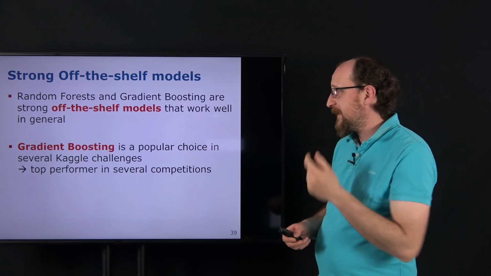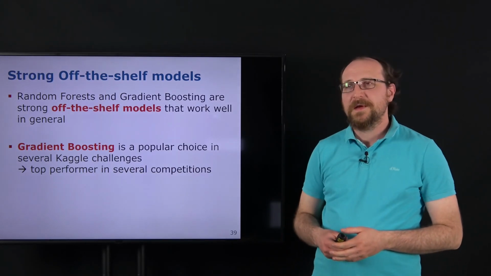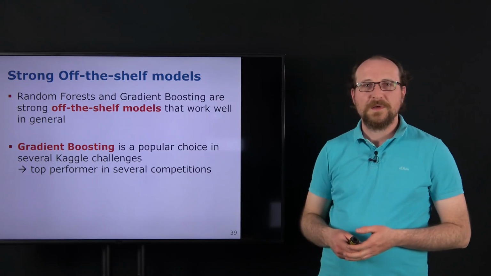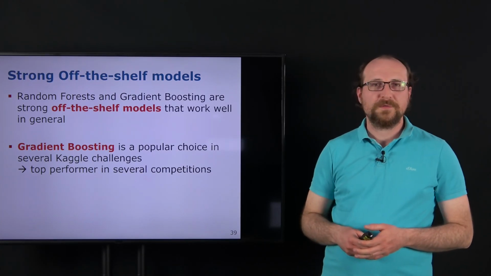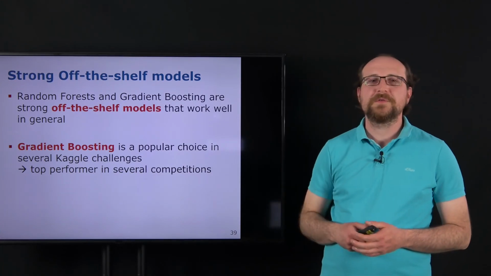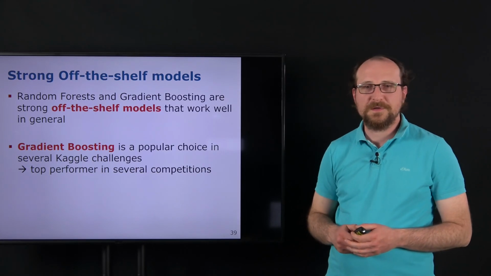And the thing that people thought about boosting is that it's not so overfitting. So the risk of overfitting is not so large. So you can train it for very long times and you still get a model that is performing very well on test data in the end.